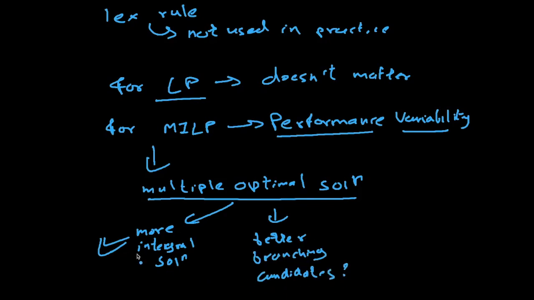So how exactly can we have better branching candidates? As I said, we are talking about dual degeneracy, right? Those variables can take different values in different solutions, but the overall objective is the same. Let's say there is one variable which is fractional in one of those LP optimal solutions, but it is integral in one of the other LP solutions, right? In that case, we know that particular variable is not really a good candidate for branching, because if we branch on it, and that one gets that integer value in one of the branches, then in that branch it will not improve the LP objective at all.